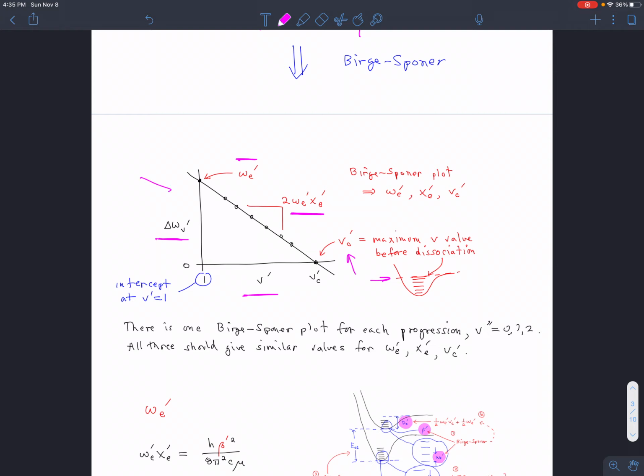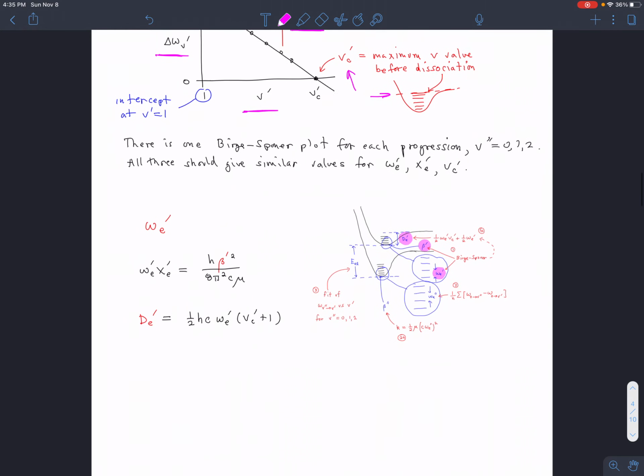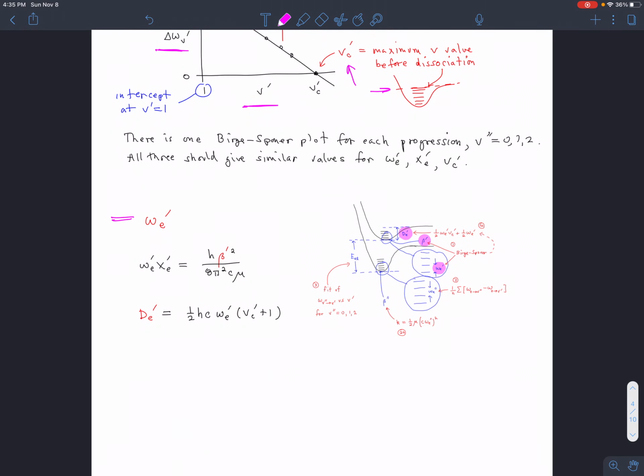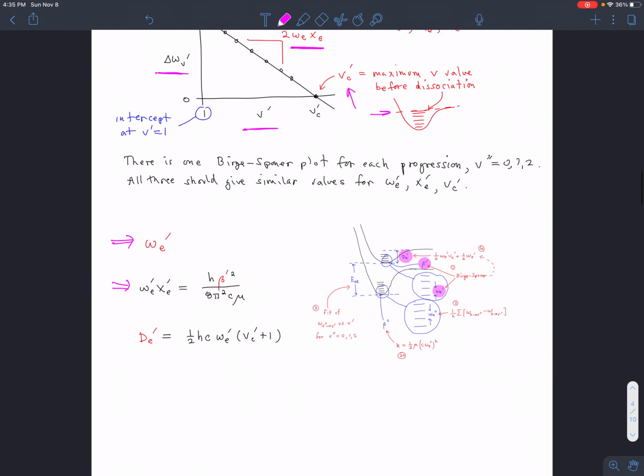All these are excited state properties, quantities. And then the spacing is one of the quantities we want directly. The quantity that's related to the slope gives us the narrowness or the sharpness of the curve in the excited state.